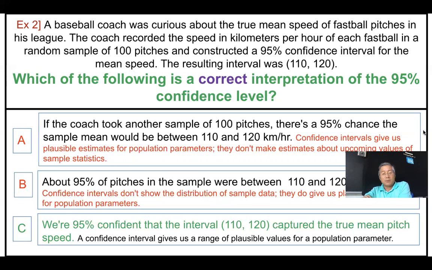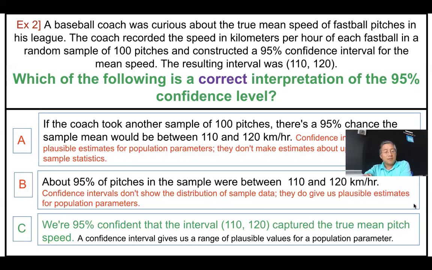They do give us plausible estimates for population parameters. So C is correct. We are 95% confident the interval captured the true mean pitch speed. So a confidence interval gives us a range of plausible values for a population parameter. The last example.